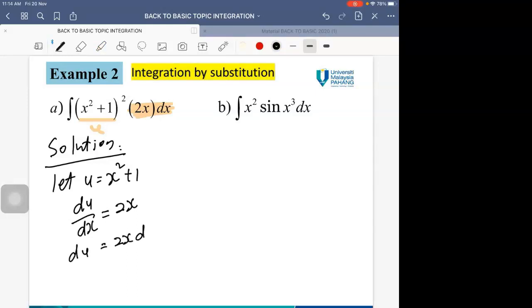So that is one tip on how to decide the selection of u.